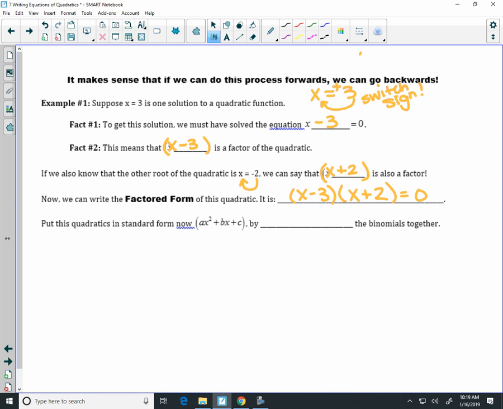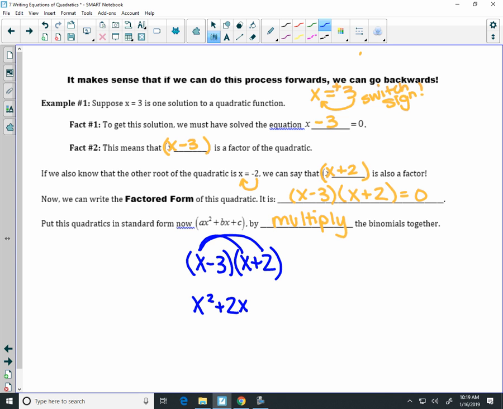Now, it's really good practice to multiply here. And then you're all the way back to what one of our original problems would look like. So if we take x minus 3 times x plus 2 and multiply that out, x squared, 2x, minus 3x, minus 6, and then combine our middle terms.